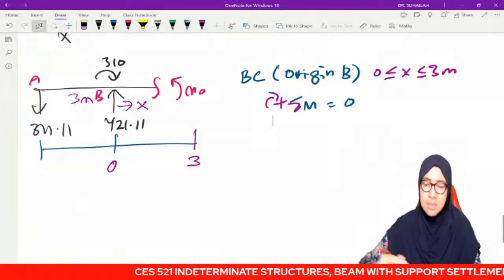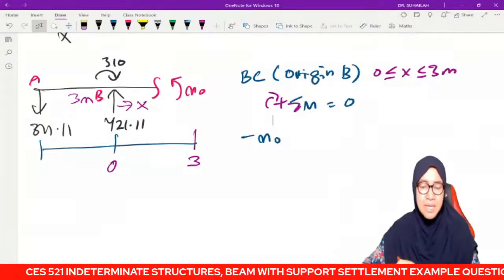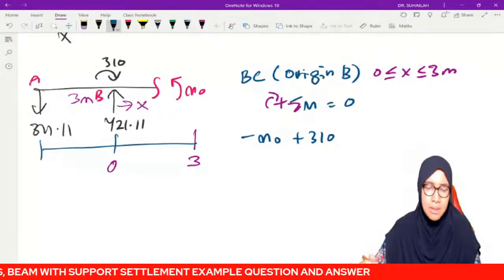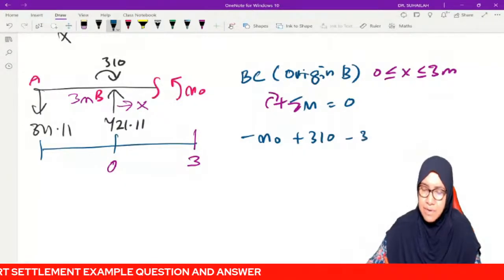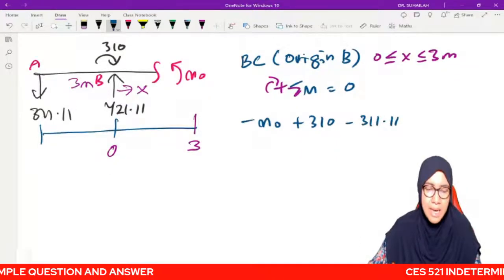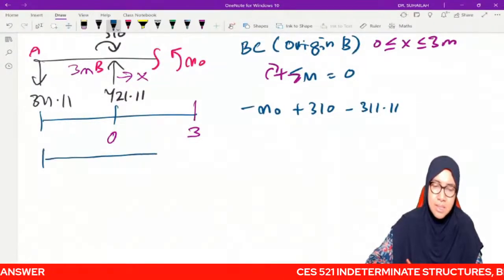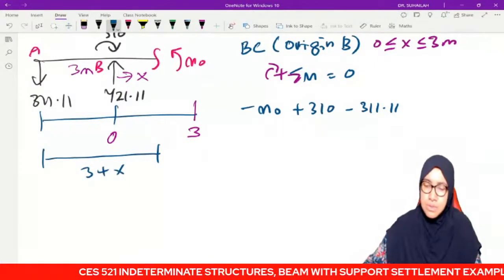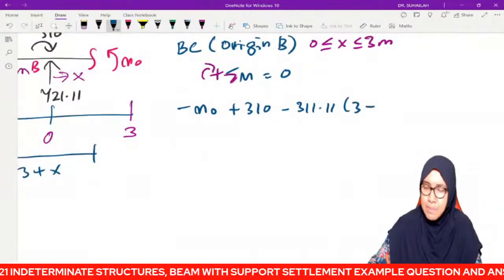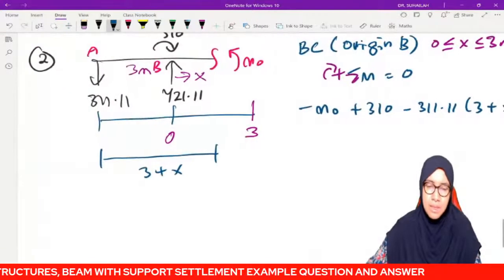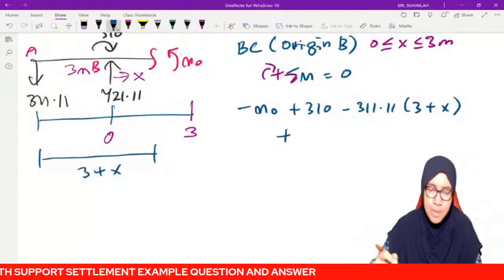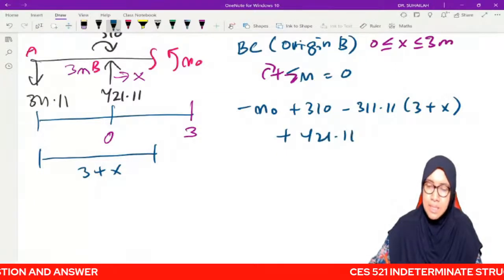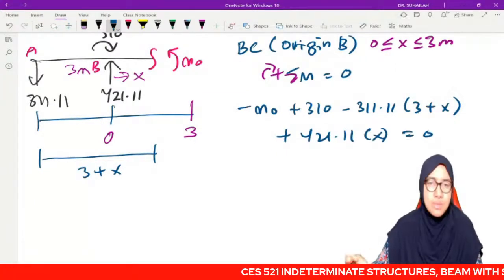So it is negative m naught, plus 310, negative 311.11 times, this distance is 3 plus x, plus 421.11 times x equal to 0.